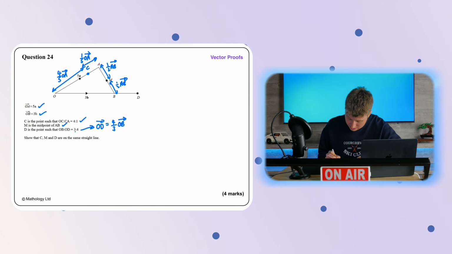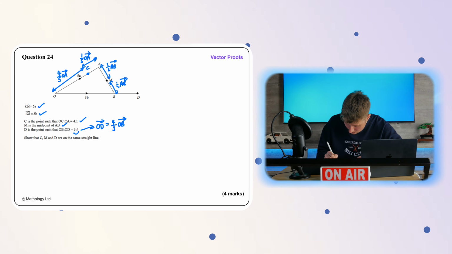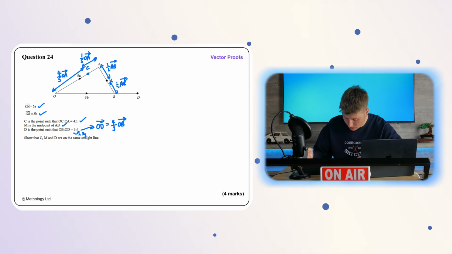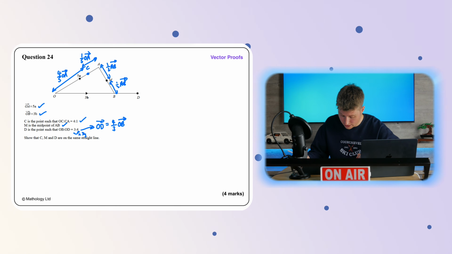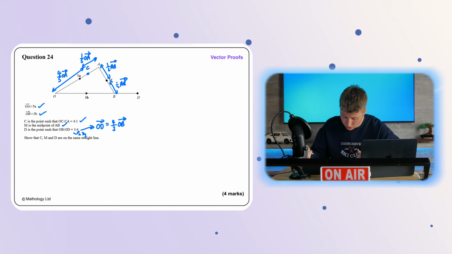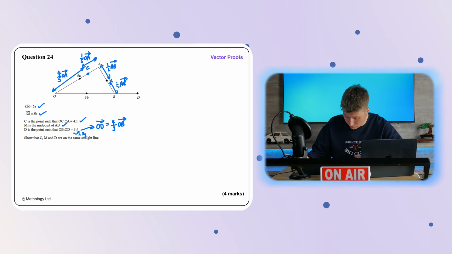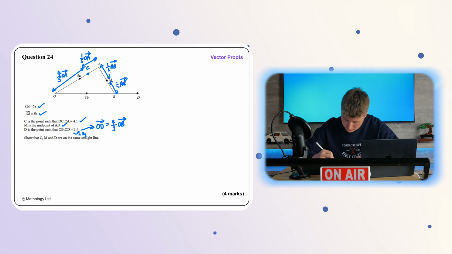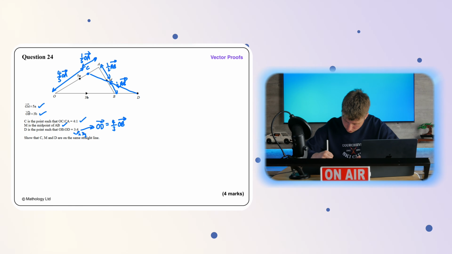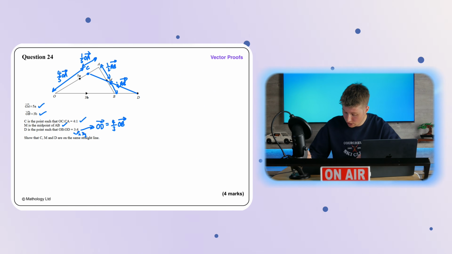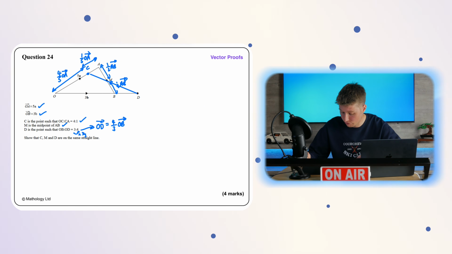So from that ratio, the factor to get us from 3 to 4 is 4 over 3. So we times 3 by 4 over 3 to give us 4. So that means that OD is 4/3 bigger than OB. So to prove that these 3 points here are on a straight line, there is a common phrase that we need to remember.